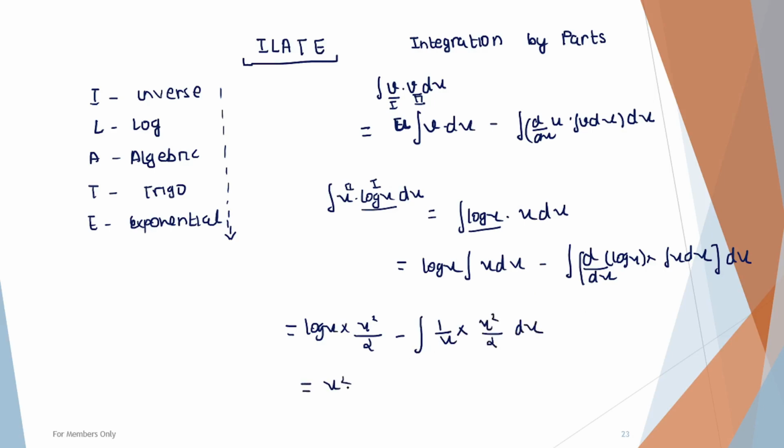So it is equal to x square by 2 log x minus x by 2 dx. So x by 2 dx will give x square by 4. So finally it is equal to x square by 2 log x minus x square by 4 plus some constant. Okay, so this is how we calculate integration by parts.